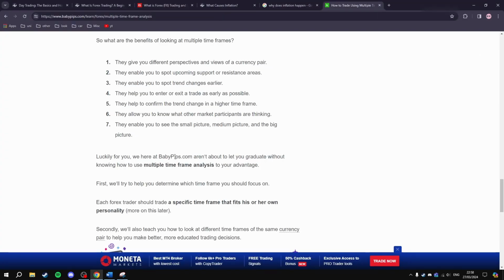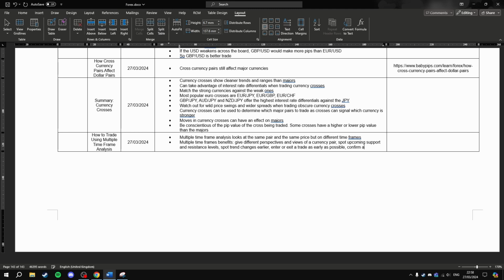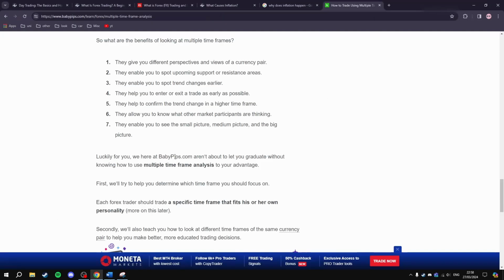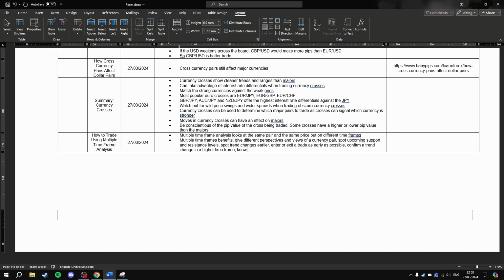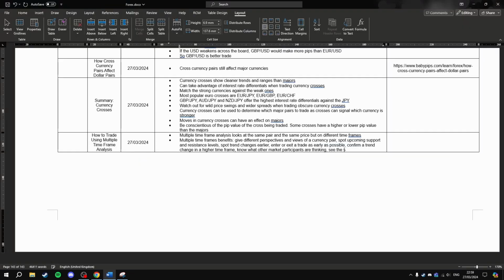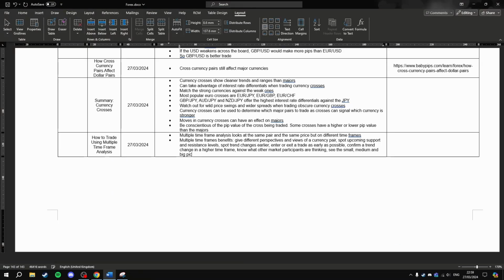Confirm the trend change in the higher time frame. Know what other market participants are thinking. Enable you to see the small picture, medium picture, and the big picture.